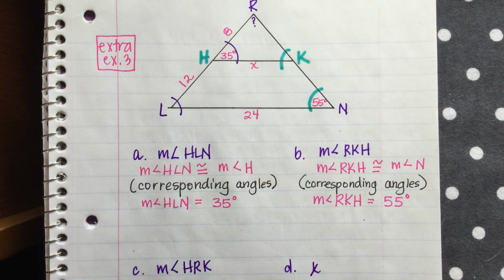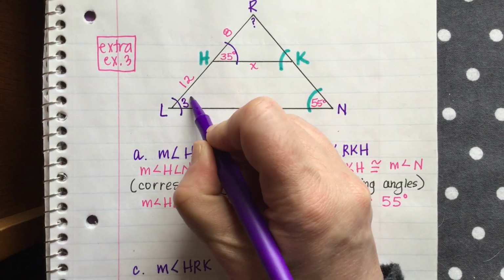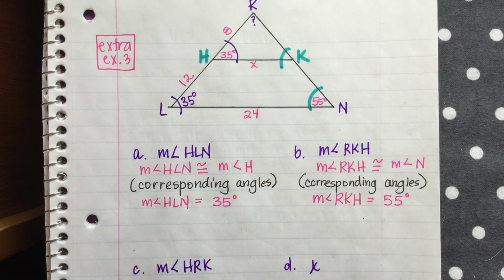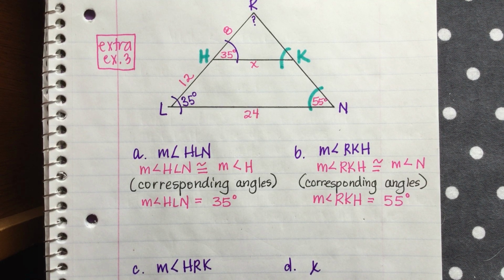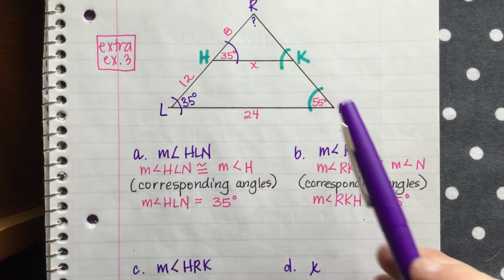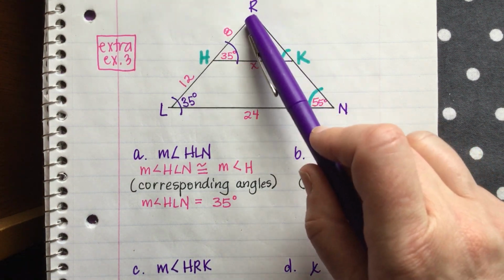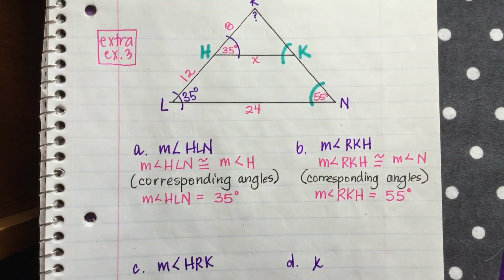Now, what I found out when I solved the other two problems was that this angle here is 35, and I already knew that that angle there is 55. So what I also know about triangles is that all the angles inside add up to 180 degrees. So I'm going to take the 35 that I found out from L, I'm going to add 55, and the remainder for 180 degrees will be my value of R.